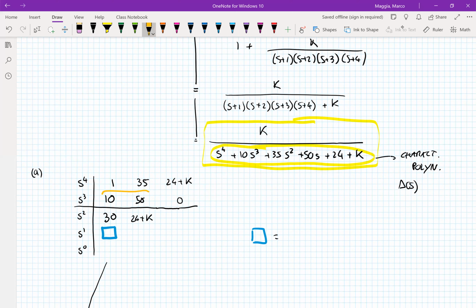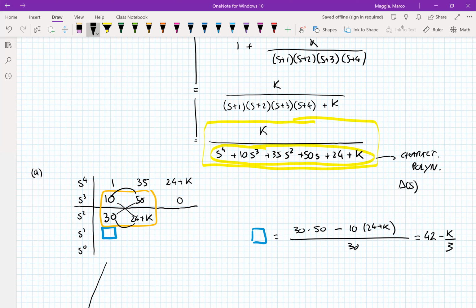We need these 4 coefficients. So this is always using the figure 8: 30 times 50 minus 10 times 24 plus k, everything divided by 30. And this is going to be 42 minus k over 3.